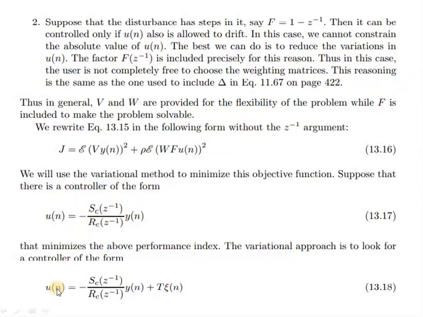Here you can see u(n) = -Sc(z^-1)/Rc(z^-1) y(n) plus tau times z(n). This control effort is different from the previous one. The additional term included is tau into z(n). Due to the variational approach, this extra term is added in the transfer function of the control law. Here we come with the new control effort. Now let's see.